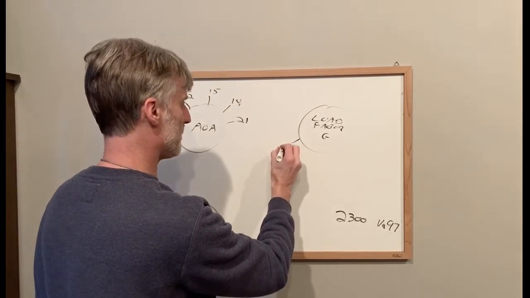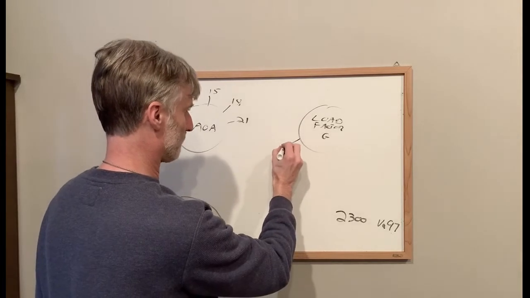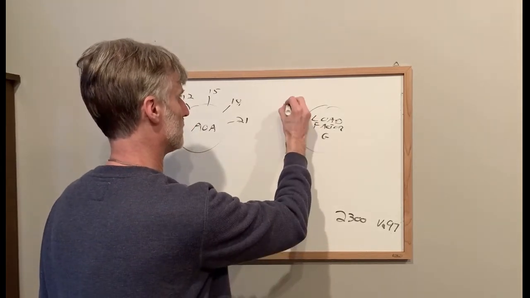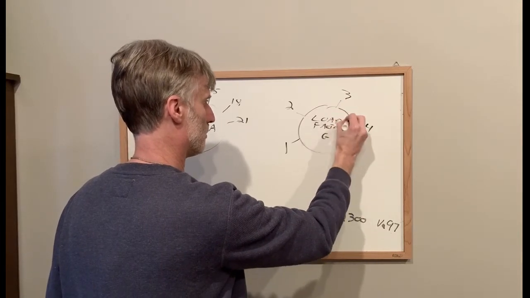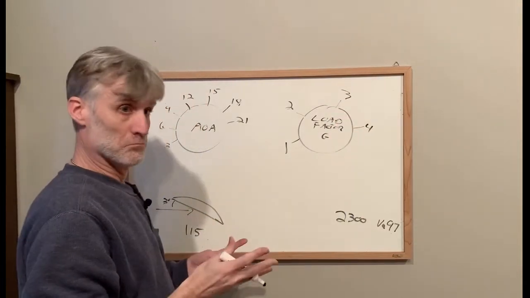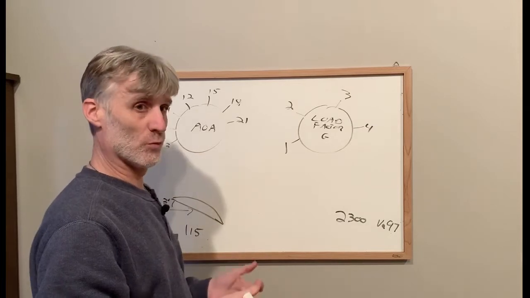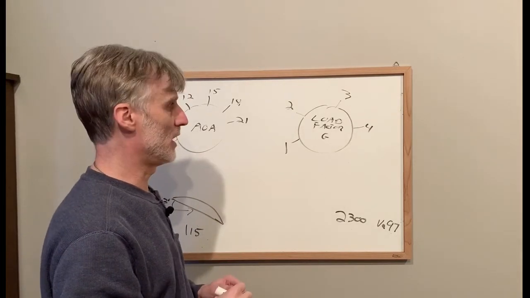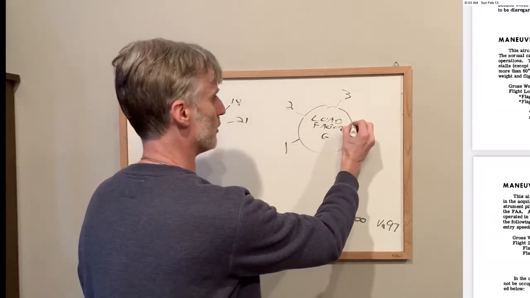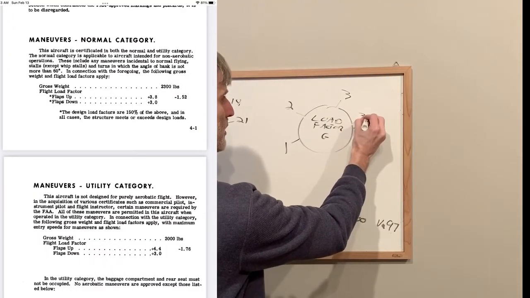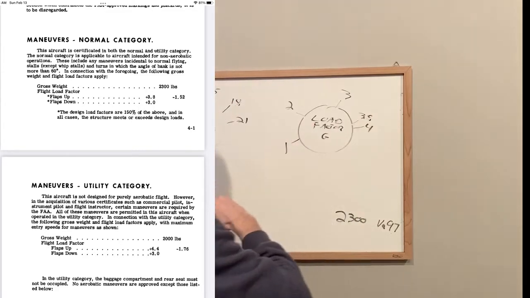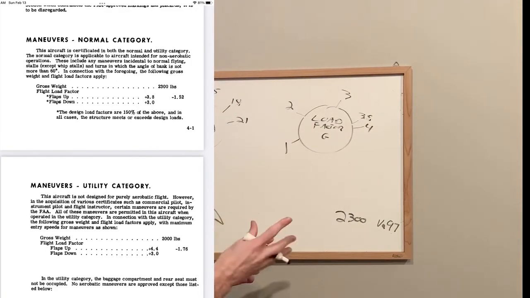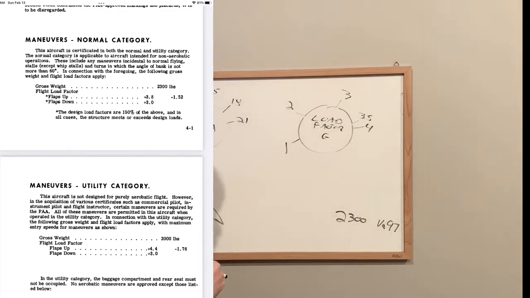And now we've got our G meter, which your airplane might very well have too. 1G, 2, 3, 4. Most general aviation airplanes in the normal category have a maximum G loading factor of about 3.8 Gs. Utility category, it goes up a little bit. We're going to stick with normal category for this.